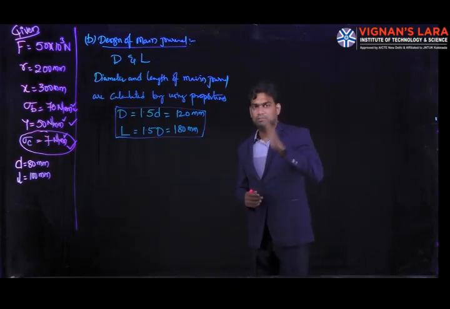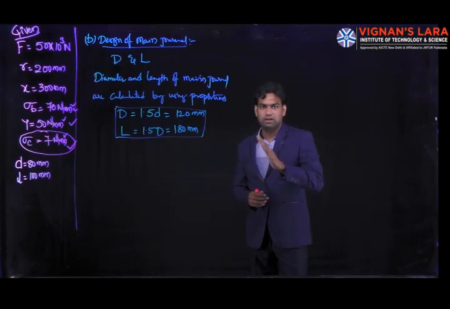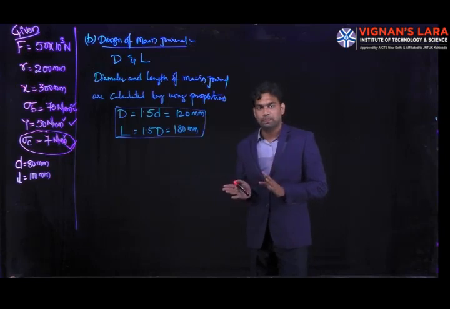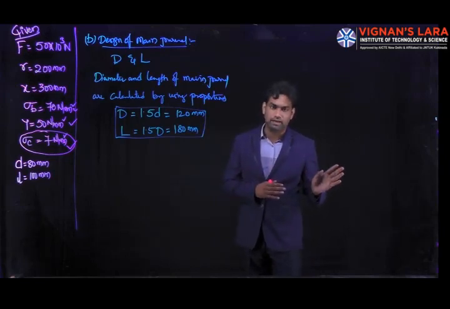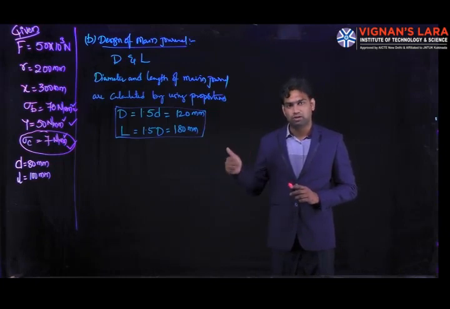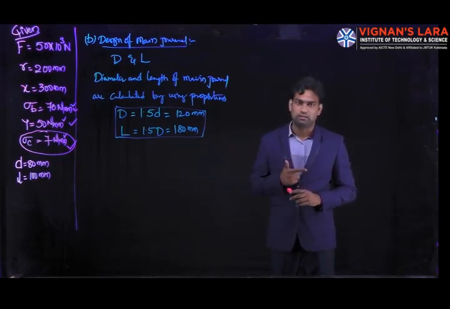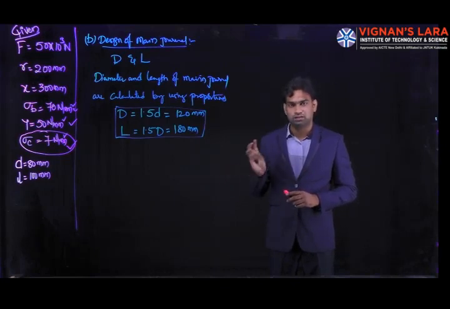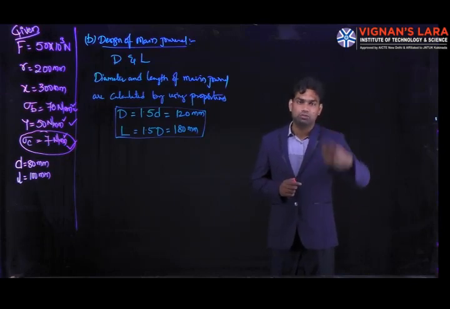Initially the bending is caused in this direction, and the second bending is caused in this direction. Due to the radial load it tends to bend, and with respect to the tangential load it is going to bend. So the bending stress due to radial force as well as the tangential force, these two bending stresses are induced, and the third one is due to the tangential force: the main journal is going to twist.